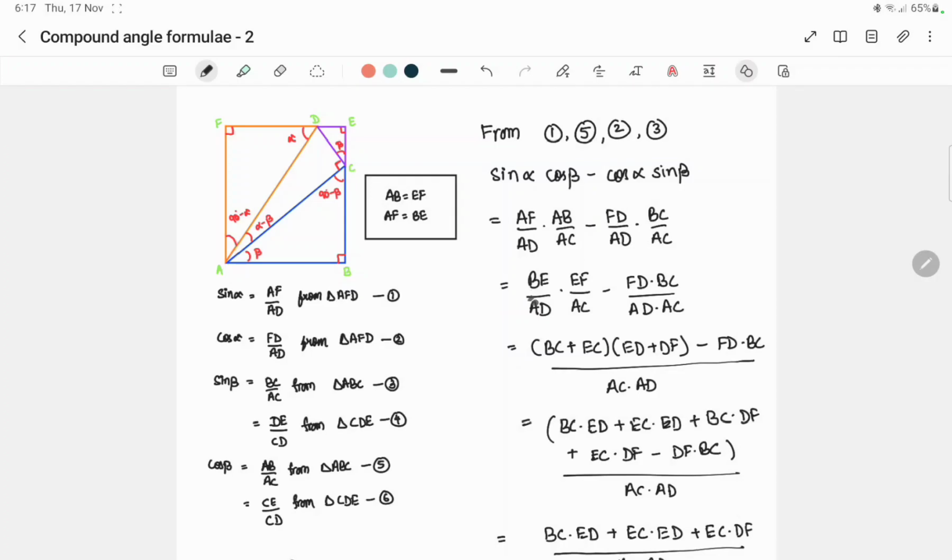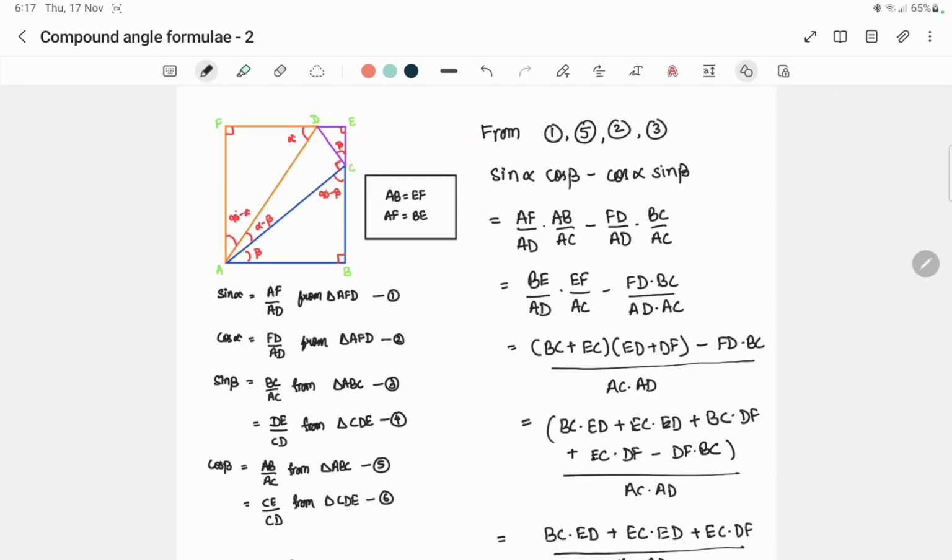Now remember, I am going to substitute AF as BE because we have it here. Neat little substitution. Similarly AB equals EF, that I'm going to substitute here.